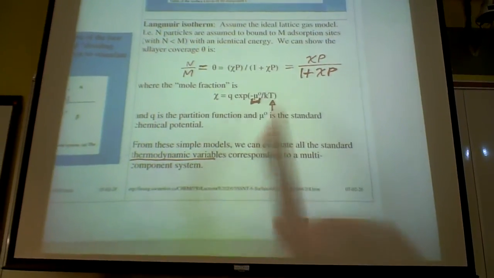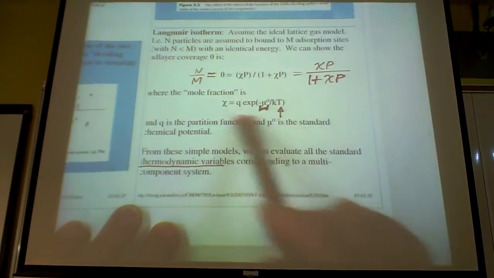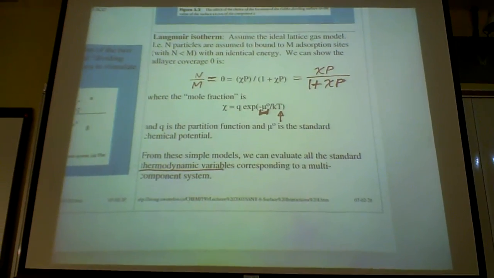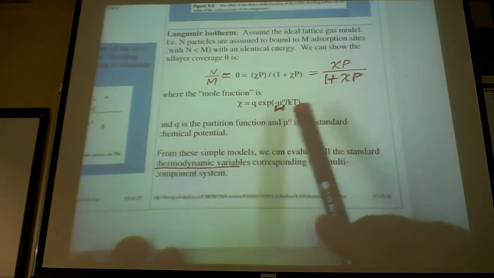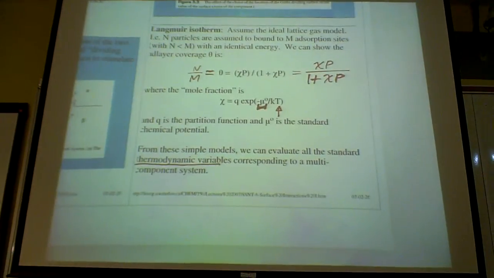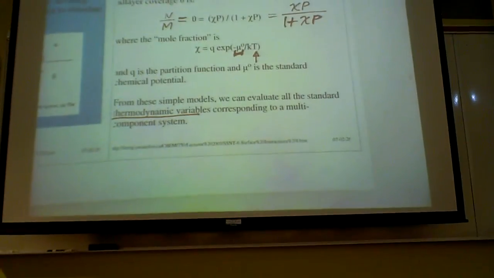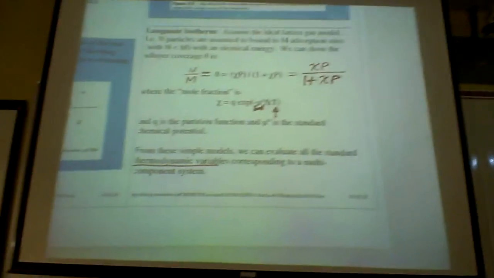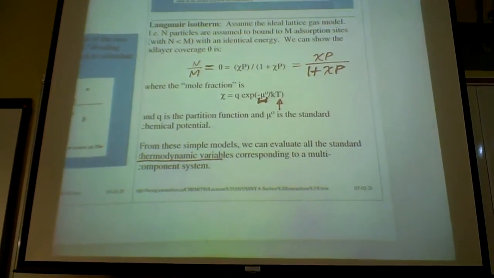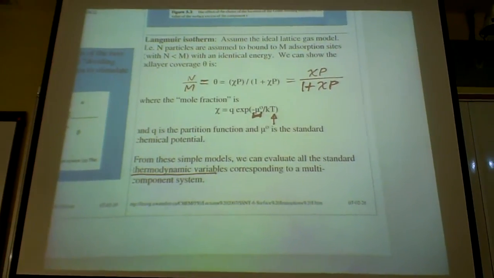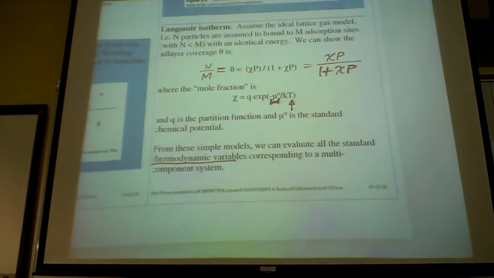If you don't know anything about this, don't worry about it, because if you take a statistical thermodynamics course, people will explain how your chemical potential is related to this mole fraction, which reflects the interaction of absorption. Okay?